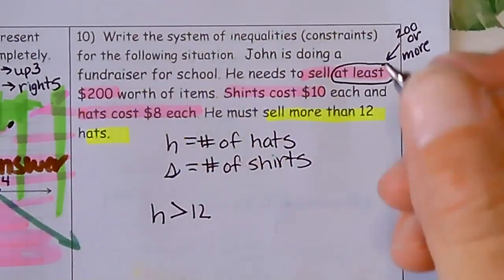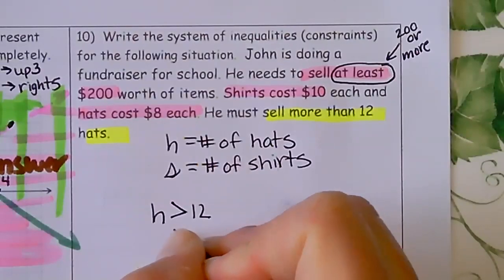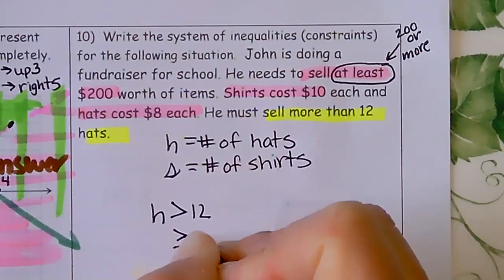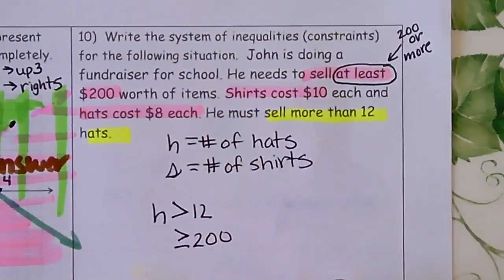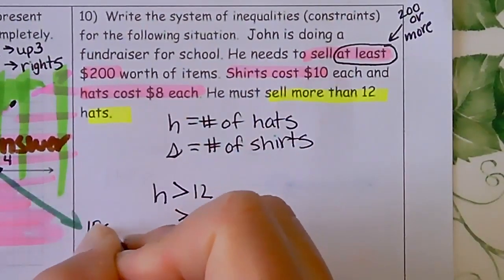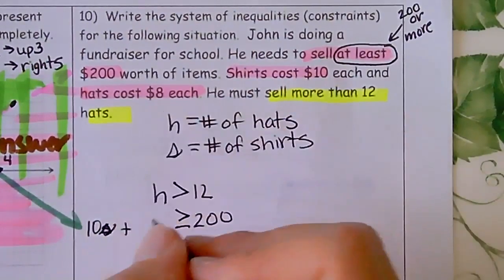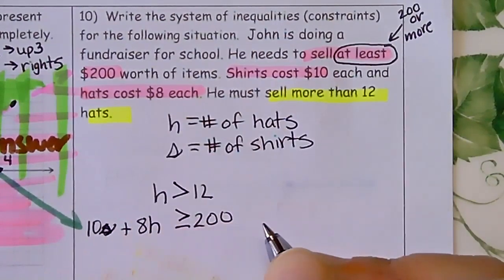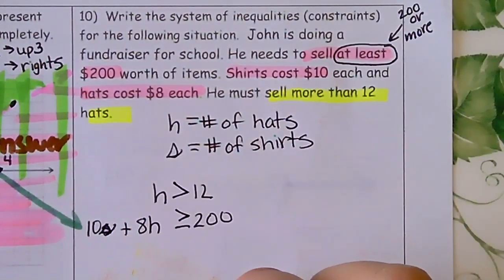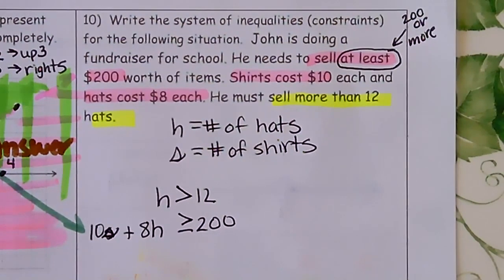So for that, I'm going to have greater than or equal to 200. And I'm dealing with my $10 per shirt, so that would be 10S, plus $8 for hats, 8H. This is your system of inequalities. These are your constraints. That's all we need to do. Now on number 11, they're giving us a system of inequalities shaded in.